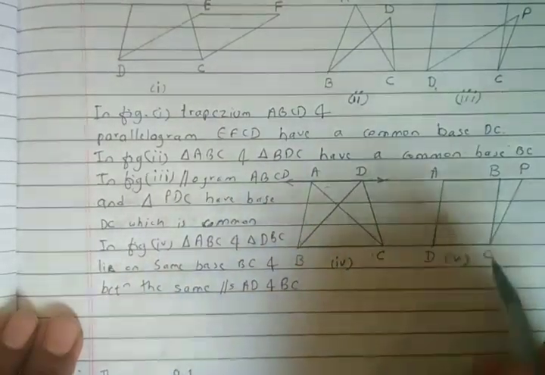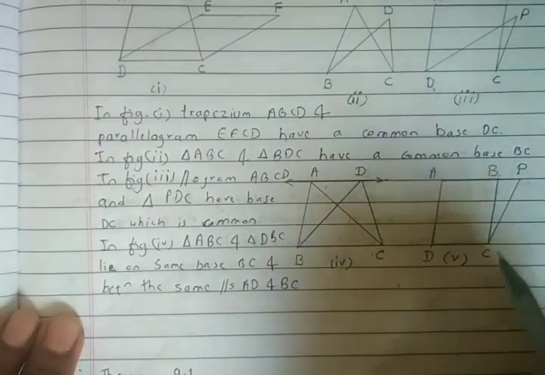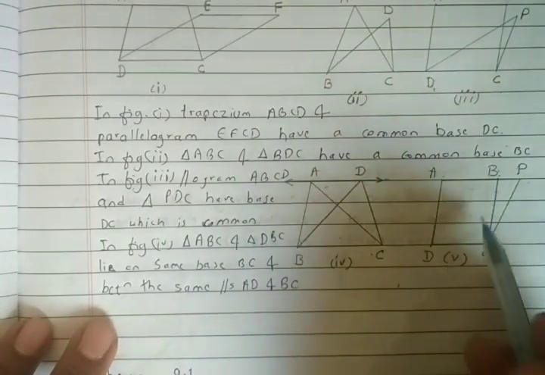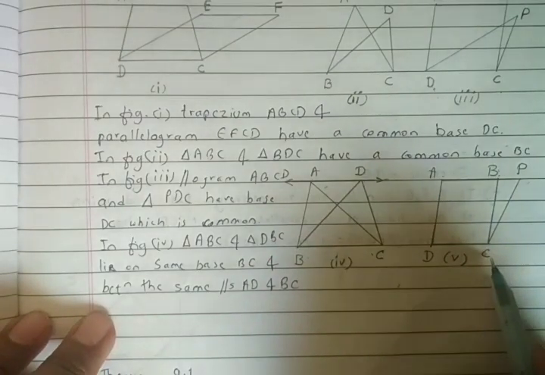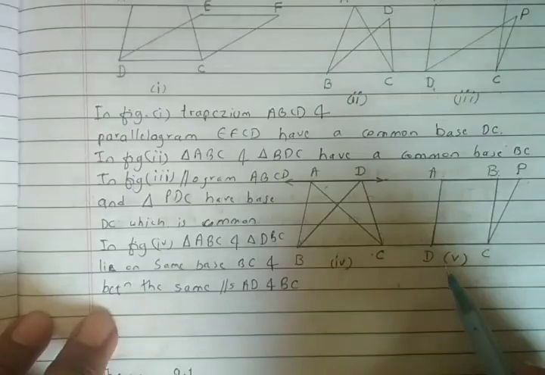Similarly, in triangle PBC and parallelogram ABCD, they lie on same base, which is DC, and same parallels, that is AP and DC.